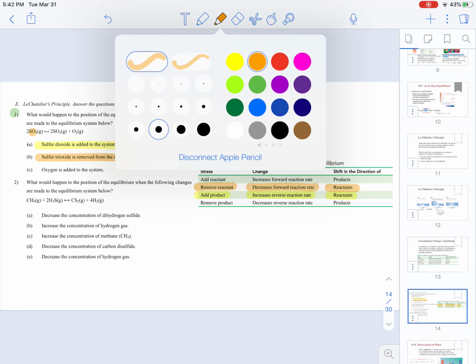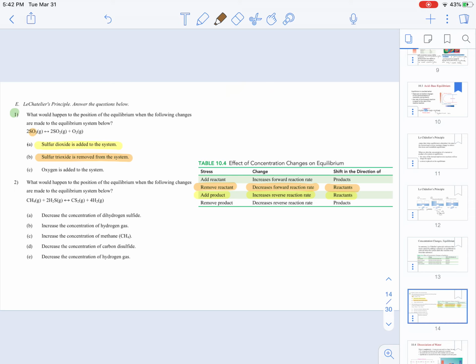Let's talk about the last system, which is oxygen being added to the system. Remember, oxygen is on the product side.